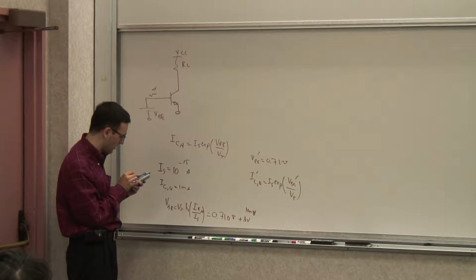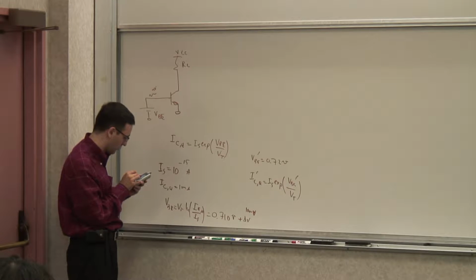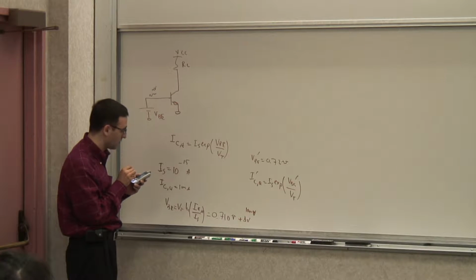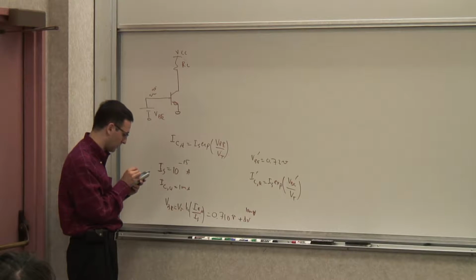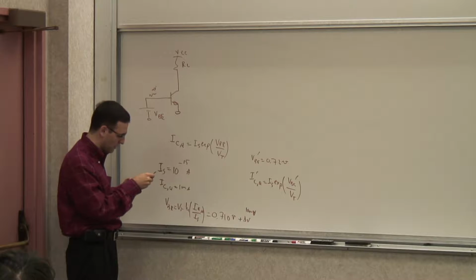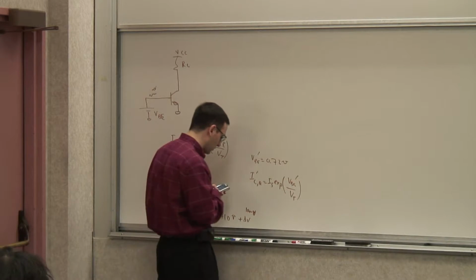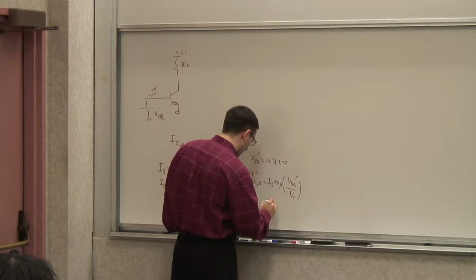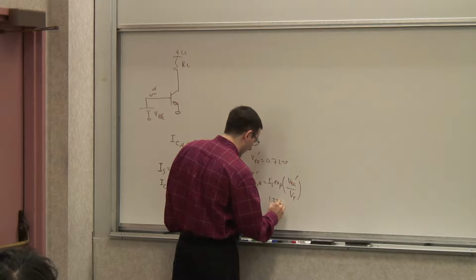So let's try it again. 0.72 divided by 0.0258, that's 27.9. e to that times 1e minus 15, in milliamps.